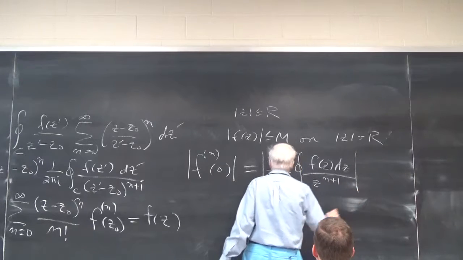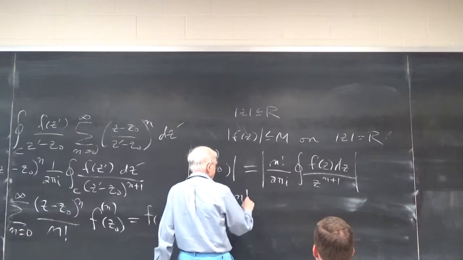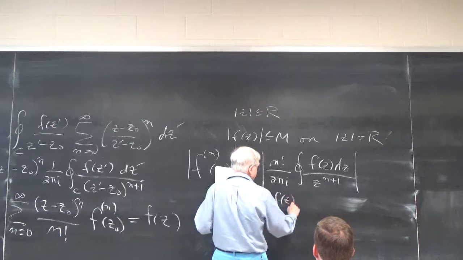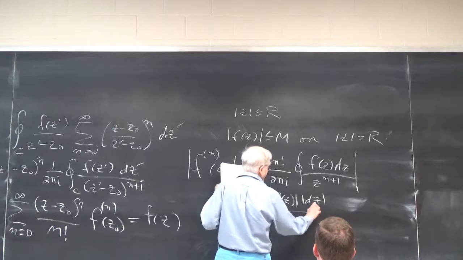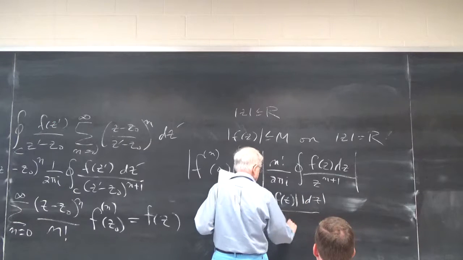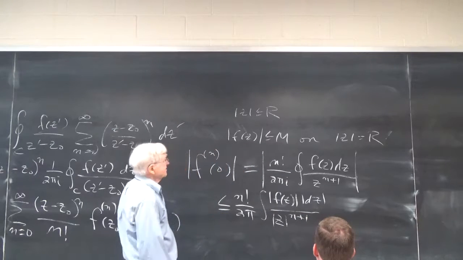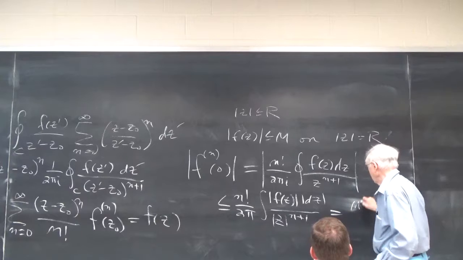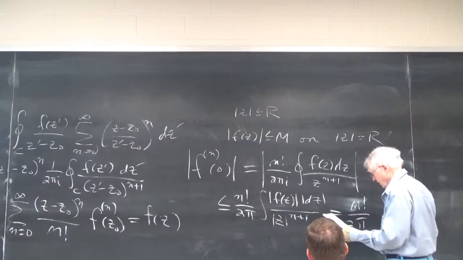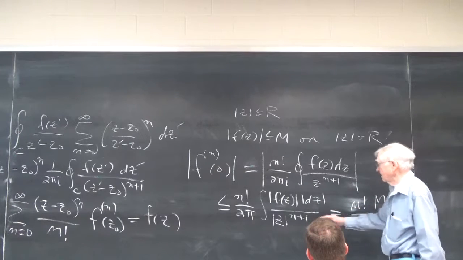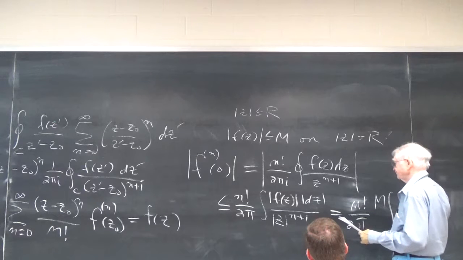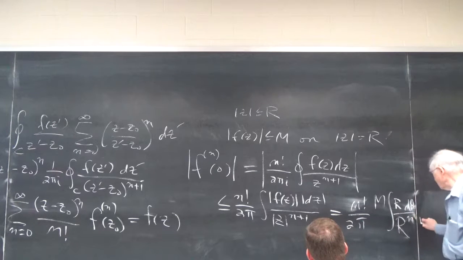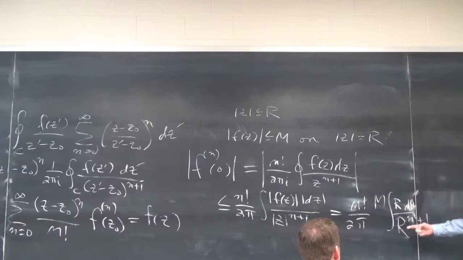Well, that is less than or equal to n factorial over 2 pi, an integral of the absolute value of f of z, absolute value of dz, divided by absolute value of z to the n plus 1. But now the absolute value of z is r, and f is less than or equal to M, so this is less than or equal to n factorial over 2 pi times M times an integral of r d theta over r to the n plus 1, because z is equal to r, so that's just 1 over r to the n.